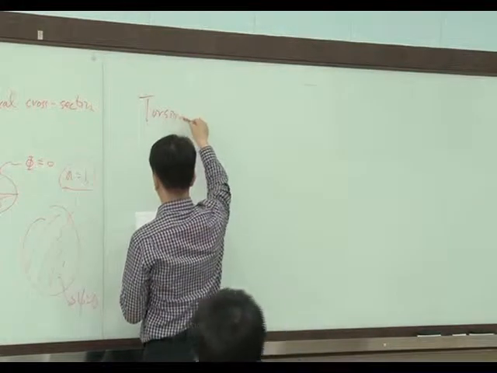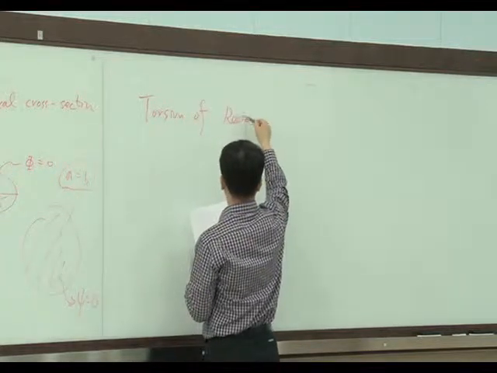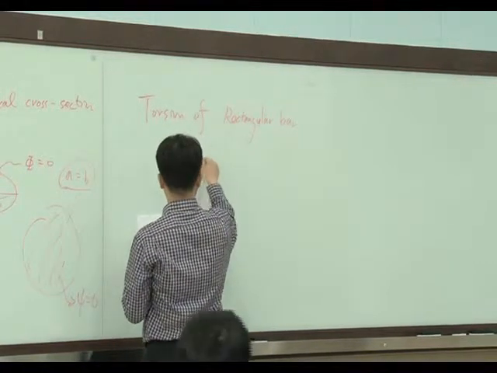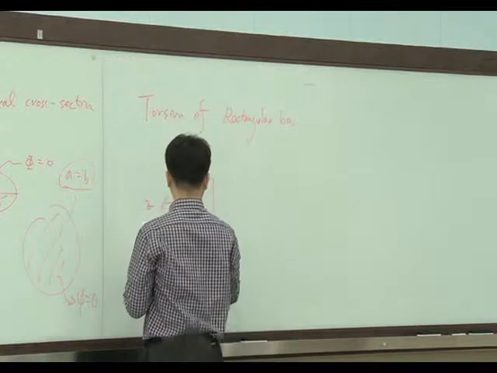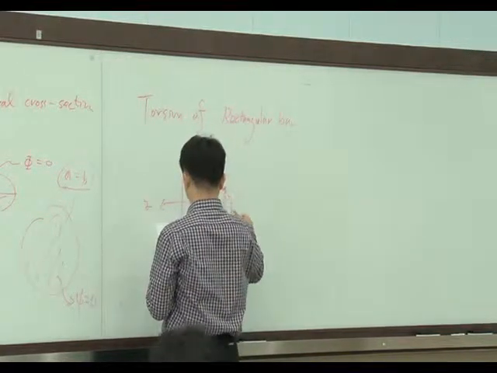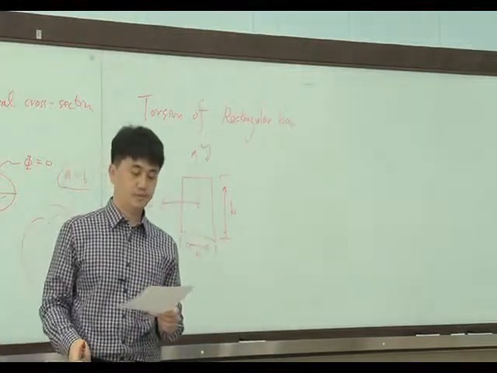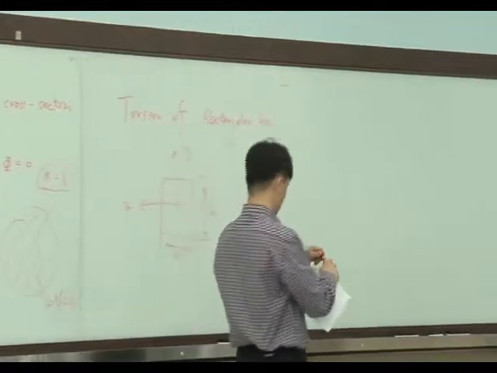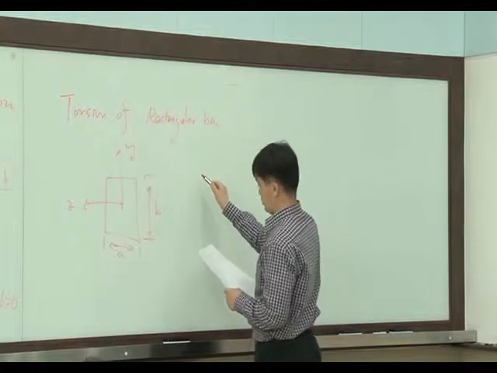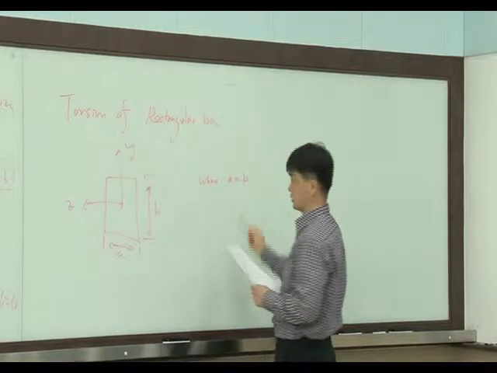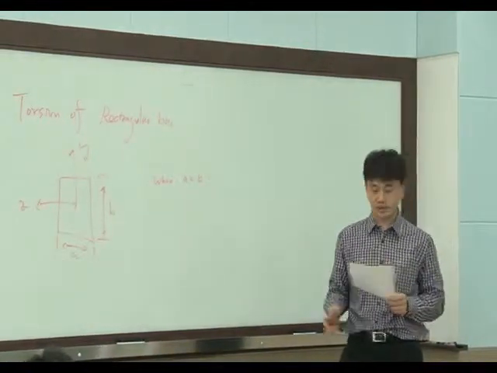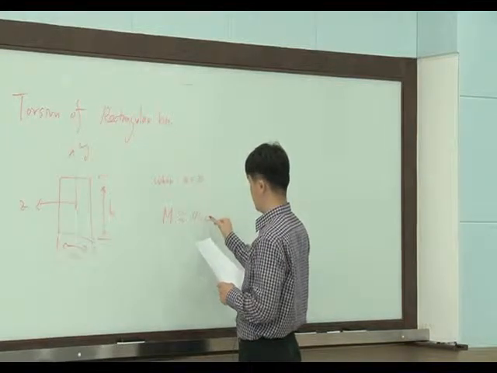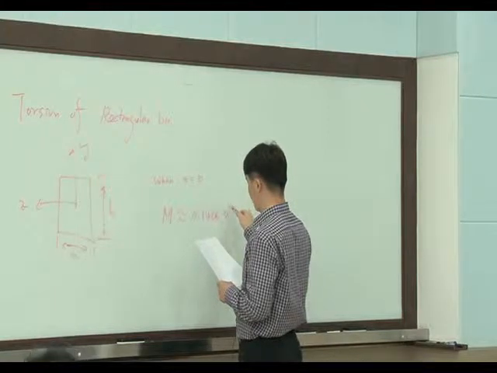Torsion of a rectangular bar. The cross section is rectangular, with dimensions A, B. When A equals B, it means a square cross section, and the torsion moment M equals 0.406 A^4 GK.